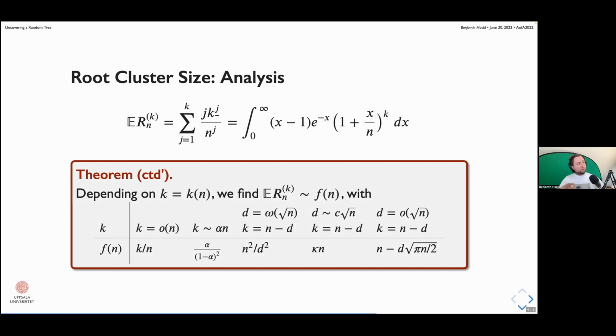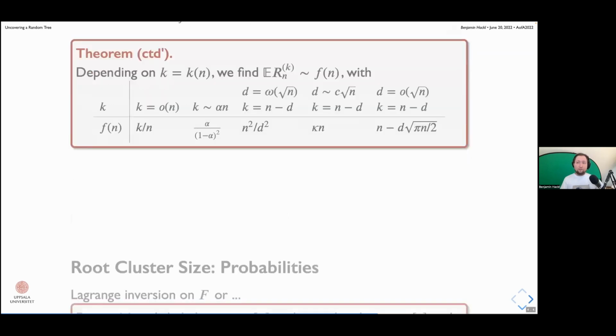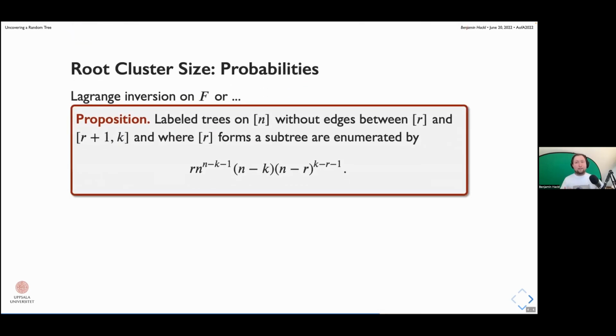All right. What we can say for the expected root cluster size, actually, we can pretty much replicate this in terms of the distribution of the size, because we can extract the probabilities that the root cluster has a certain size and describe these probabilities also very precisely.